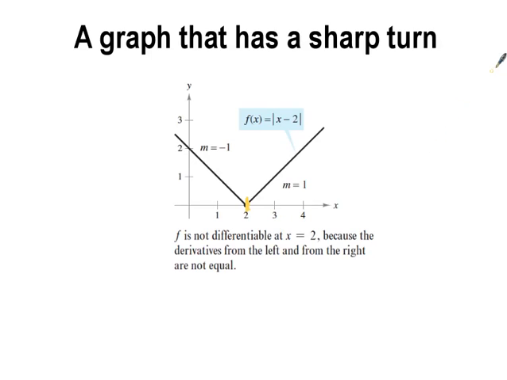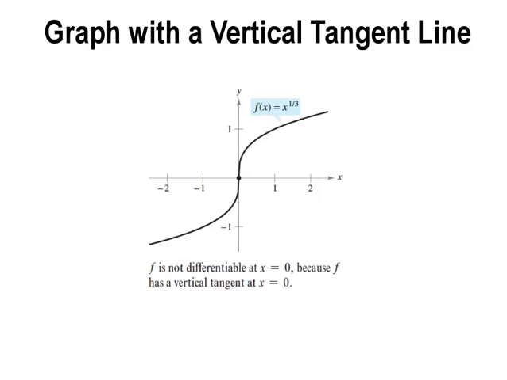Okay, we have one more. A graph with a vertical tangent line. So here would have a vertical tangent line at 0. So it is not differentiable there. So those are three places your graph is not differentiable. When the graph is not continuous at a point, when the graph has a sharp turn at a point, and when the graph has a vertical tangent line at a point.